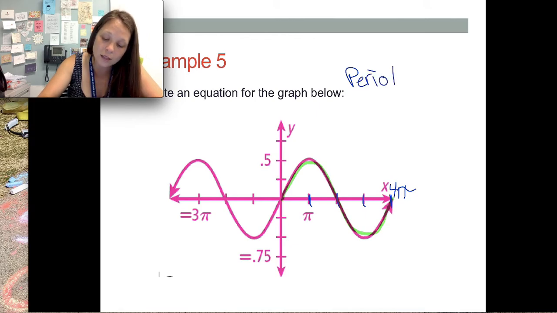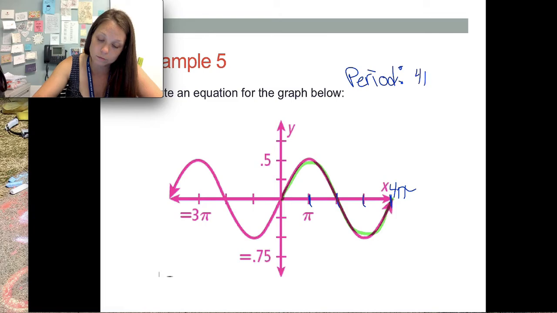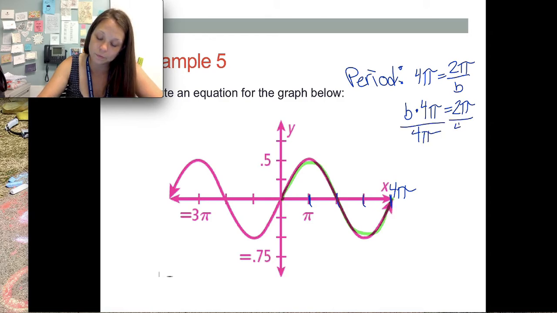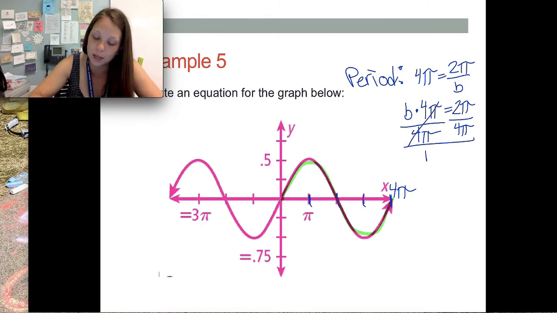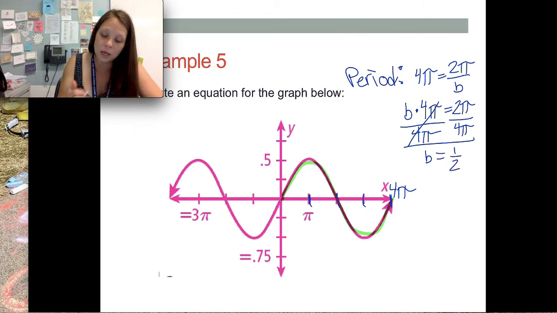So I'm going to use that to then find what b is. Multiplying b over, and then dividing by 4 pi. You might have been able to figure this out without doing this very algebra math, but in case you like the procedure of it, this could be helpful for you. So we get b equal to 1/2.